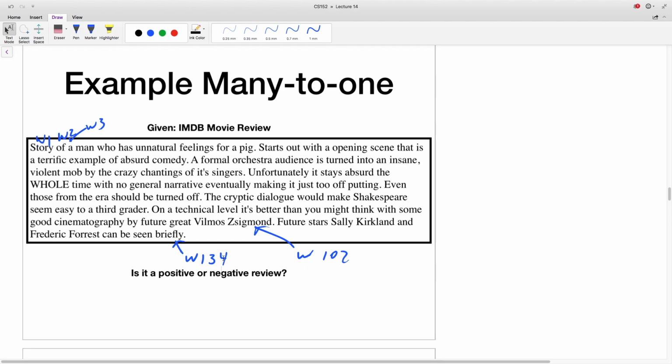And the question is, is it a positive or negative review? So is it a sequence of outputs? No, it's just sigmoid, presumably, right? But we definitely have a sequence of inputs. That's a good example.